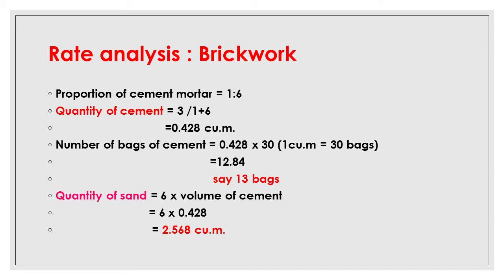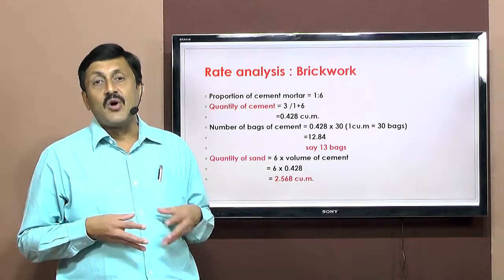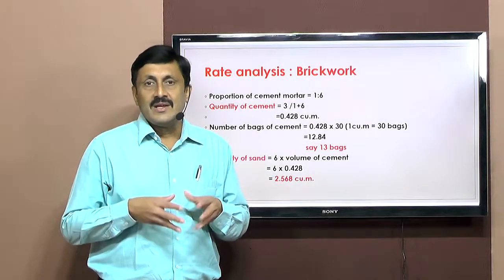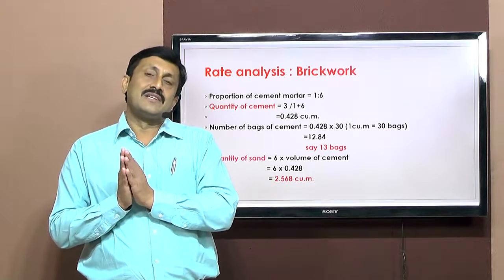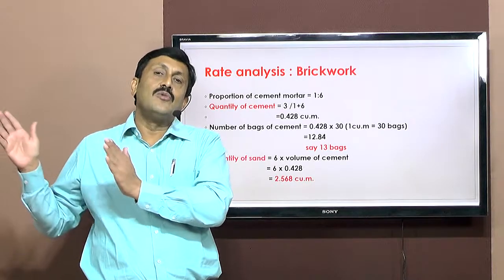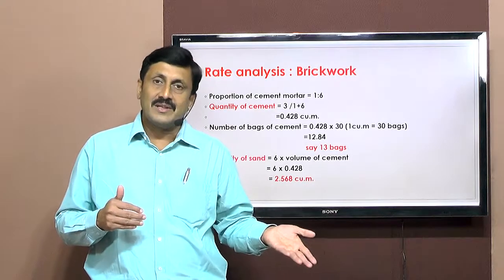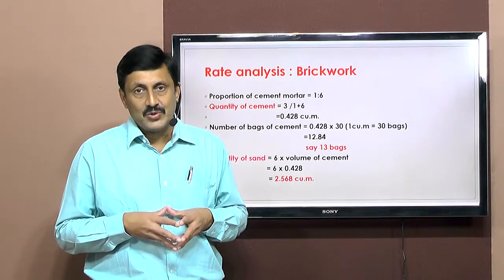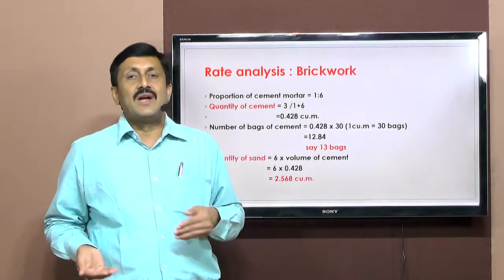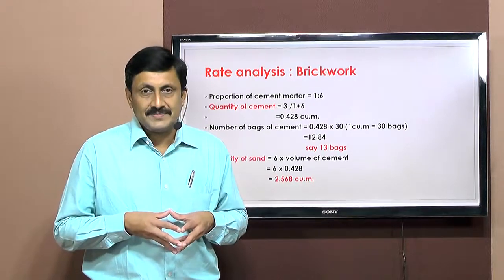Then the next material which is required for this cement mortar is sand. So volume of sand is equal to 6 times the volume of cement. Already we have calculated the volume of cement, that is 0.428 meter cube. So 6 times of that will be the volume of sand.